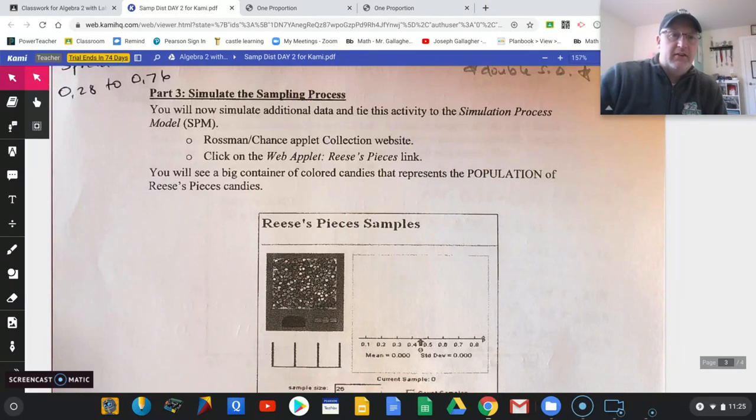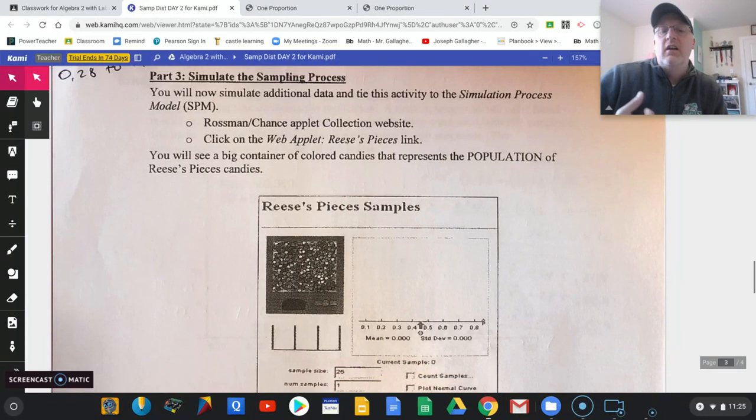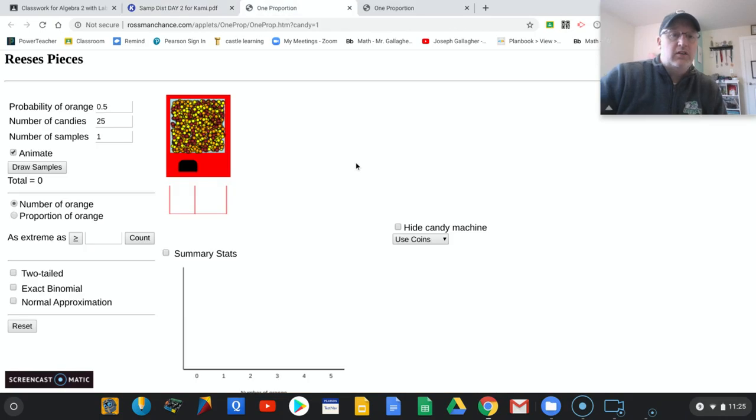So let's talk about the simulation of the sampling process. Because you're not here, I think this is better. Again, I have the link in Classroom for you to see. What we can do is actually run this test. I'll explain this 0.5 to you in a minute on the next page. But let's go ahead and take 25 candies like we did before, and we draw one sample. Let's start at the back of the classroom this lesson. Let's say Robert, this is Robert's sample.